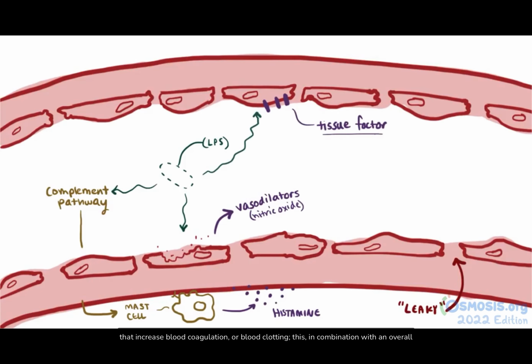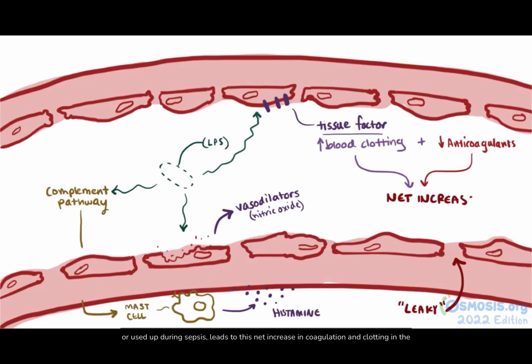Procoagulants are molecules that increase blood coagulation, or blood clotting. And this, in combination with an overall decrease in anticoagulants, which usually decrease clotting and seem to be often depleted or used up during sepsis, leads to a net increase in coagulation and clotting in the microvasculature. And of course, clotting and blockages in the blood vessels further decrease perfusion, right?